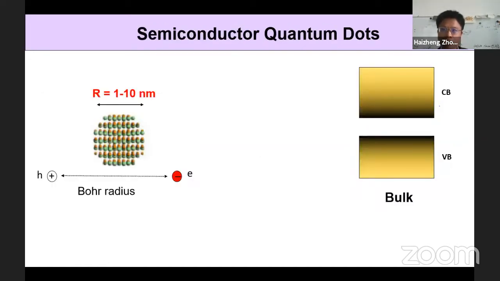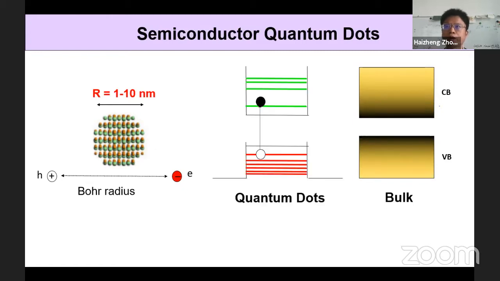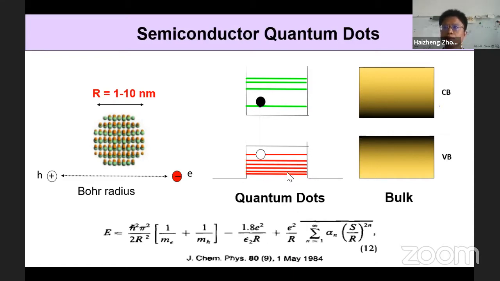When the size of quantum dots is smaller and comparable with their Bohr radius, they show very interesting quantum confined effects. Compared with bulk materials, quantum dots show discrete energy states. This is the most important feature. The quantum confined effects can be described by this well-known equation, or Bohr's equation.